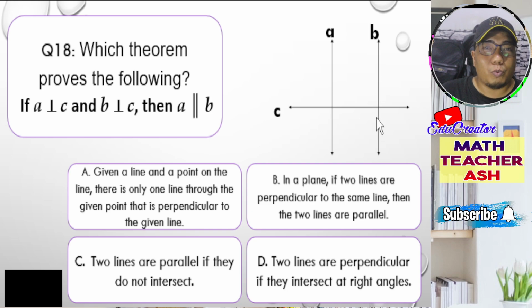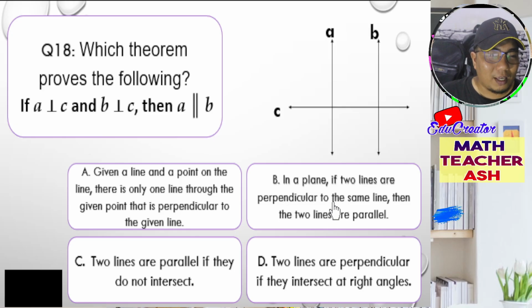There should always be a consideration that C, in any case, should be perpendicular to them. As you can see, it is already given here that A and C are perpendicular, and B and C are also perpendicular. So then we can say that A and B are parallel. So basically, among these four given choices, only letter B is the main idea that satisfies this scenario.